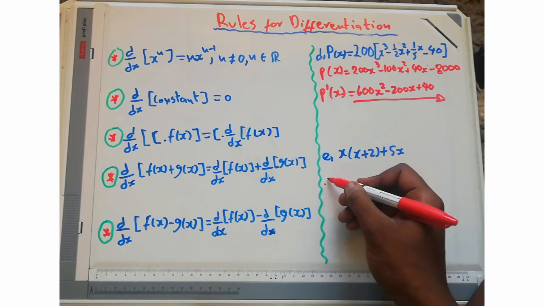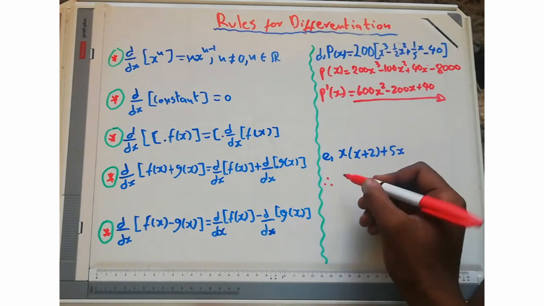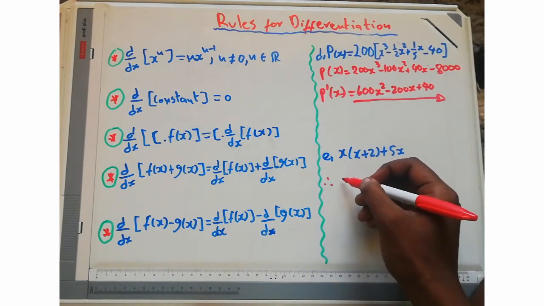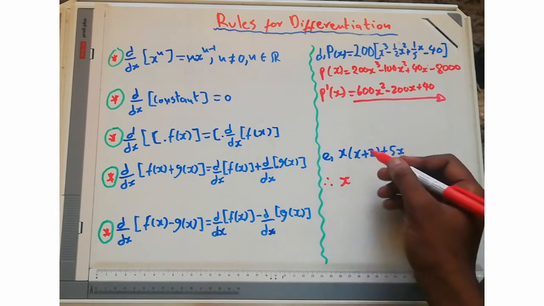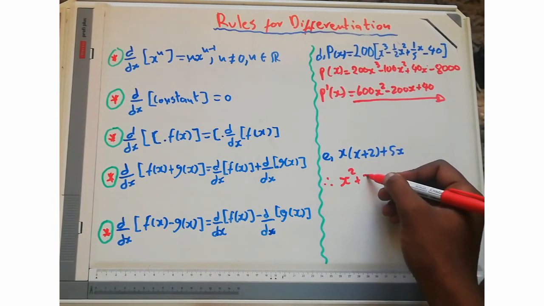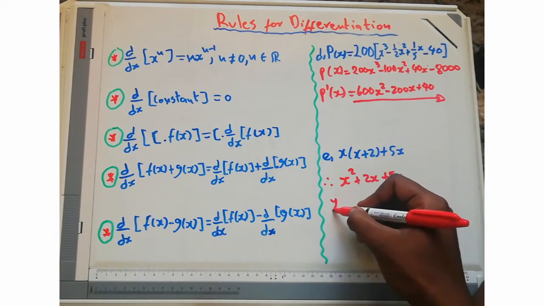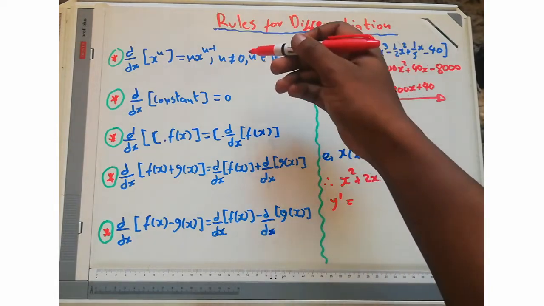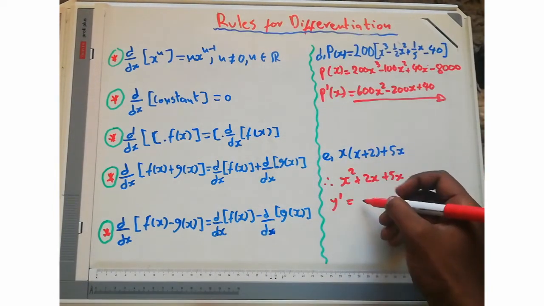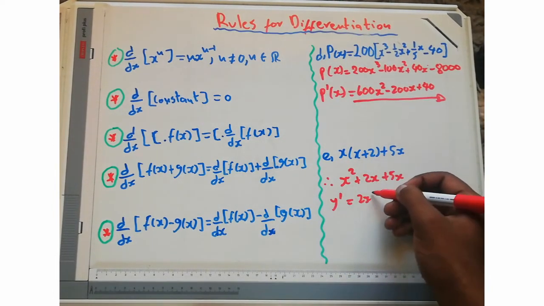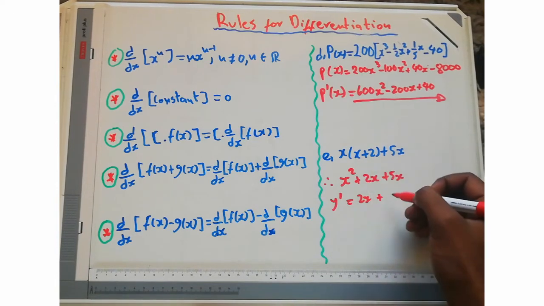And then here's another question. Let's do this one. I'll say also firstly multiply throughout to make it less confusing for you. So it's going to be x squared plus 2x plus 5x. And then its derivative, you apply the general rule. 2 times 1 is 2x, 2 minus 1 is 1, plus this one, the same thing. 1 times 2 will give you 2.